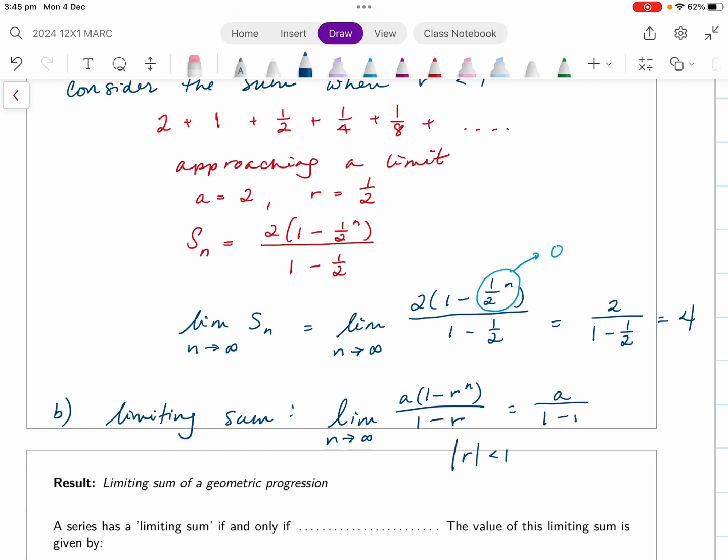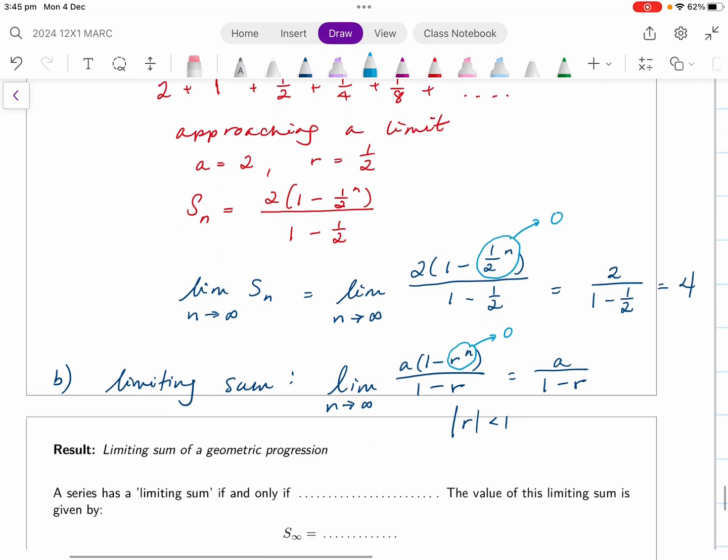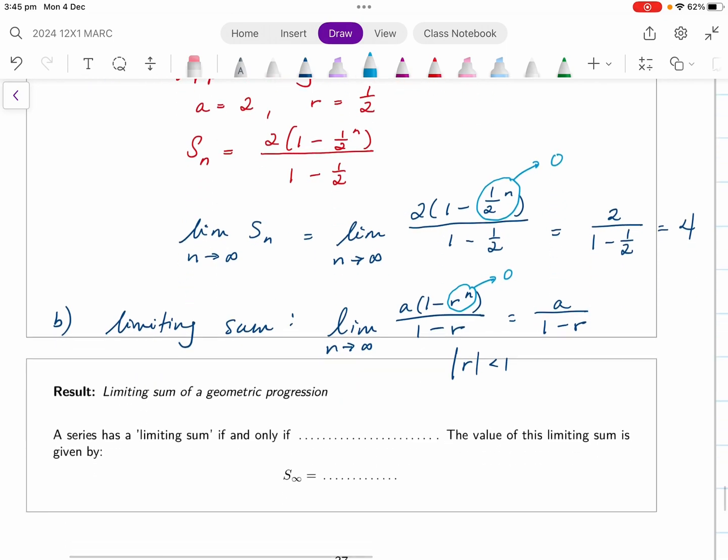We actually have this formula, a on 1 minus r, because again, that's going to 0. So that's just a times 1 on the top. So therefore, this will work if and only if.